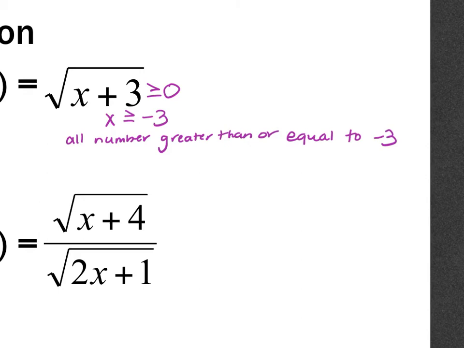In interval notation, it starts at -3, but it can include -3, which means it gets a bracket. And it goes, all of the numbers bigger than it, which go to positive infinity, close the bracket.